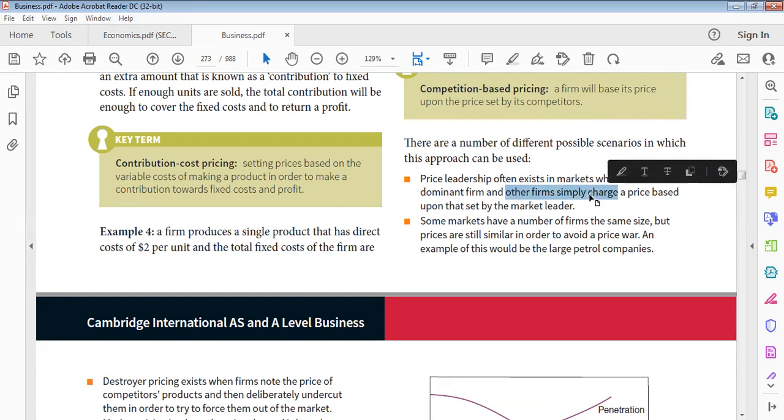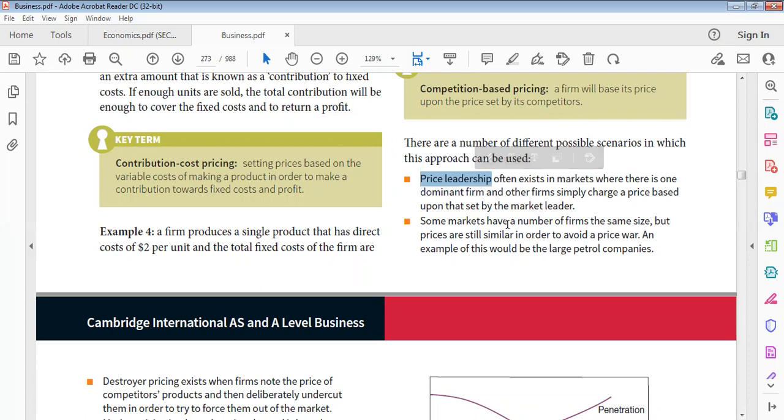So this is a different scenario. There is one big firm and there are other small firms in there. The big firm is the leader and he decides the price, and the other firms just follow him. So this is called price leadership.